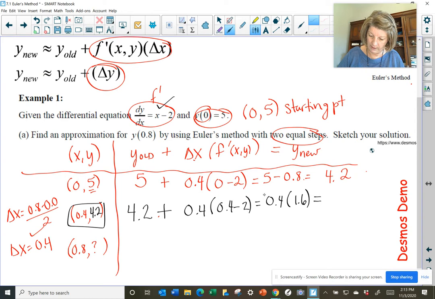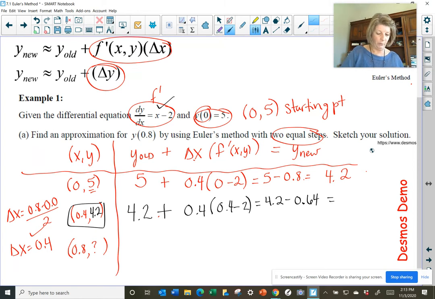I'm just looking at my equation here because I missed the 4.2 in the beginning, right? But this is equal to 4.2 minus 0.64, which is what that calculated out as.